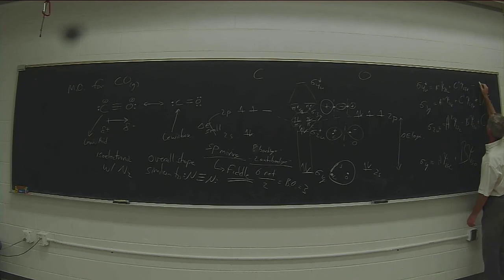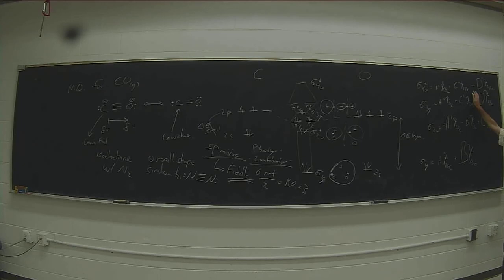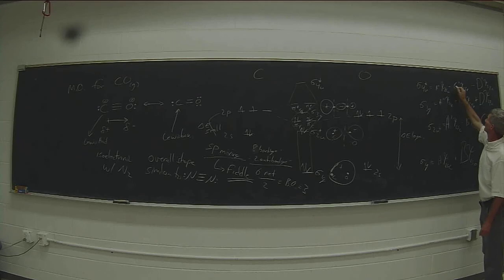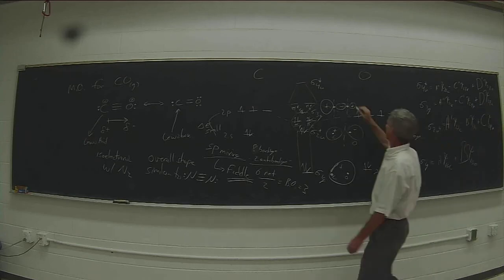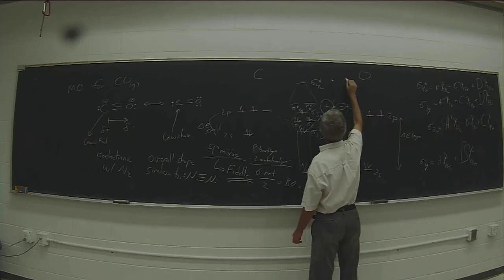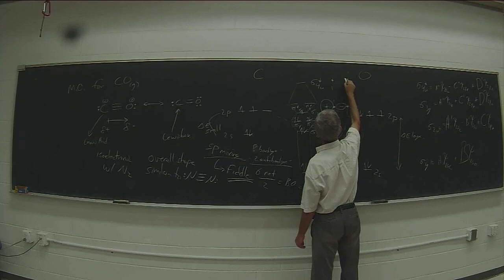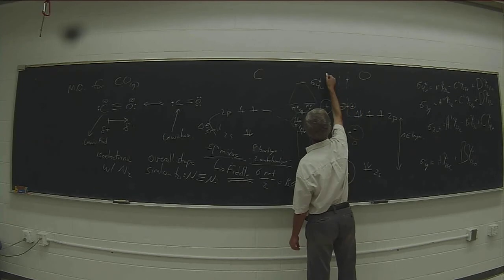And the largest coefficient by far is going to be the 2p on carbon. Right? So we've got an extra node. There are going to be three nodes here. Because we've got destructive interference here and we've got destructive interference there. It's going to have the nodes through the nuclei, but it's also going to have another node here.